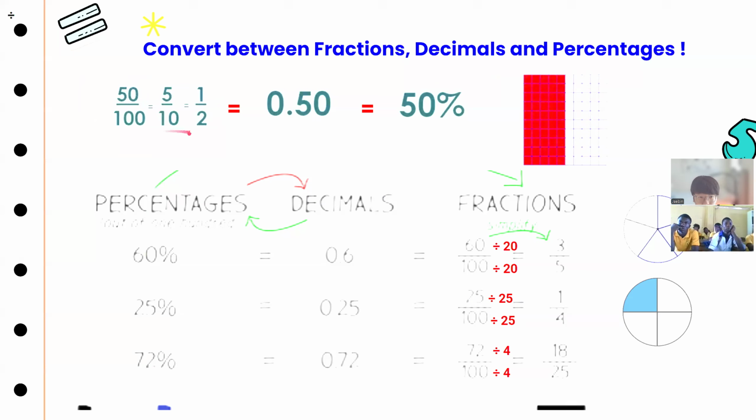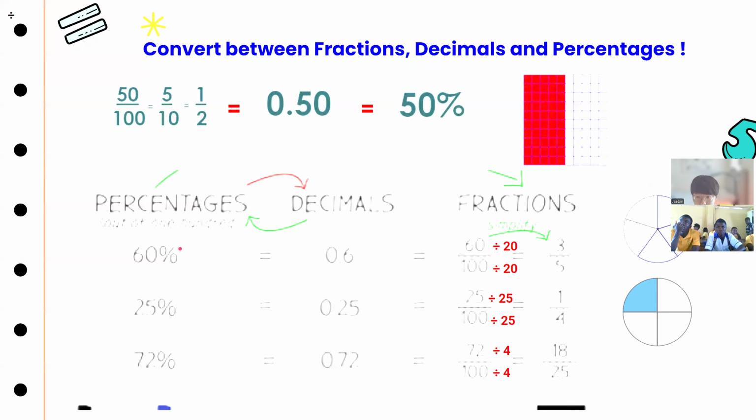This is called a fraction. If you put it in decimal form, this becomes 0.5. And if you put it as a percentage, this becomes 50%. So you can represent or convert between fractions, decimals, and percentages.